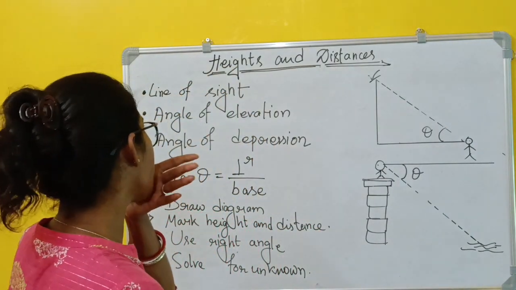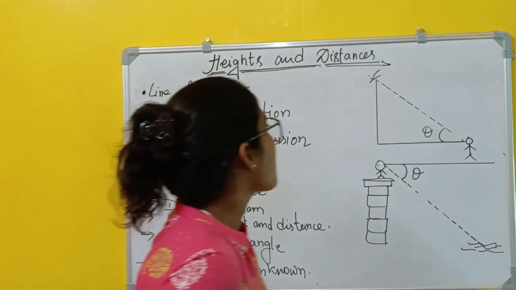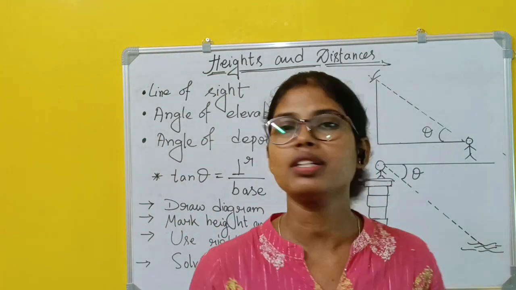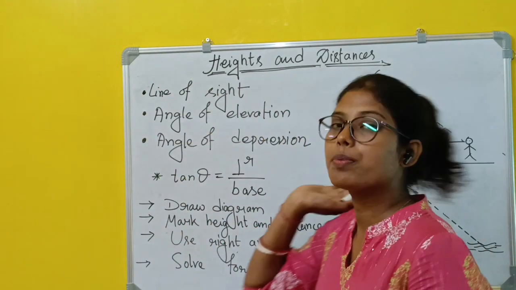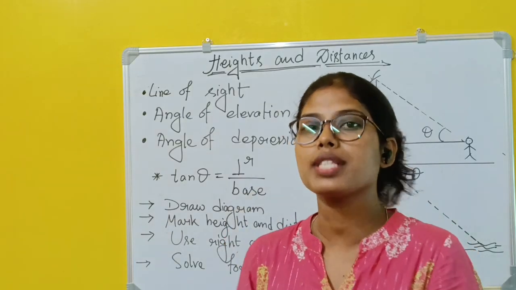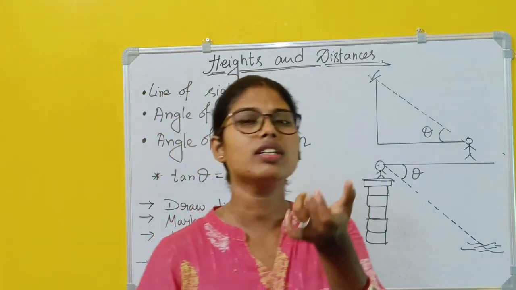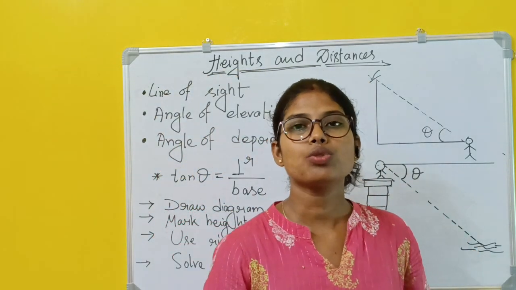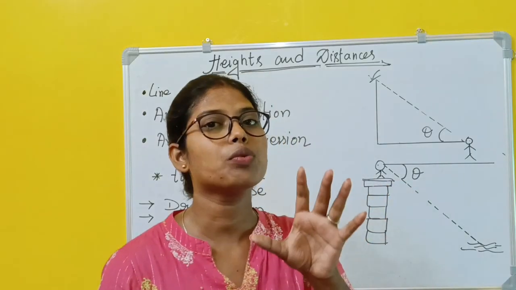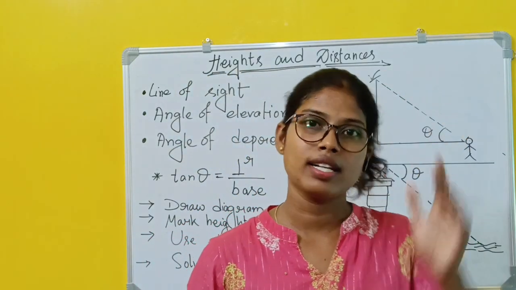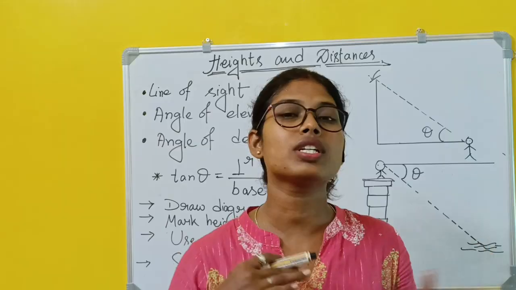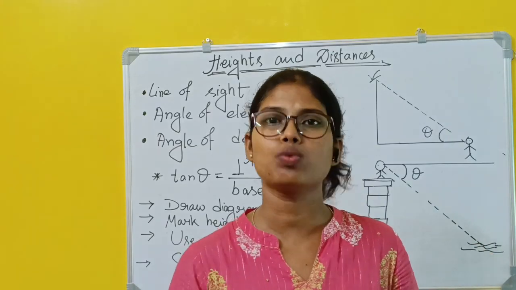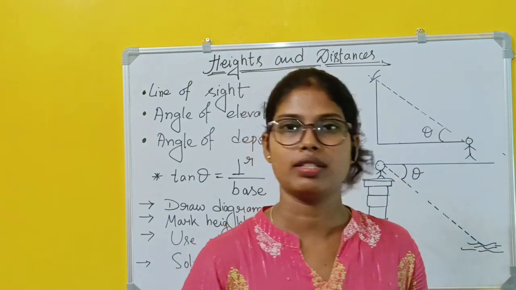Before going to any type of application, I am explaining line of sight. What is called line of sight? Sight means you can relate it with eyesight. We will find the height and distance of things which are not close to us, which are far away from us.